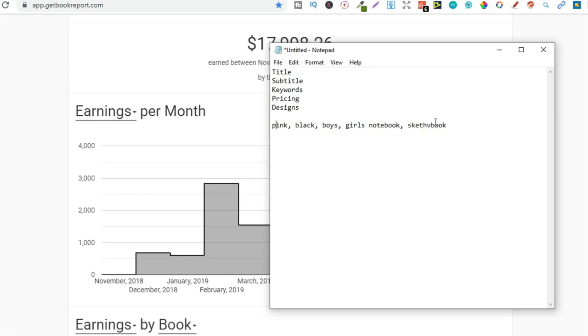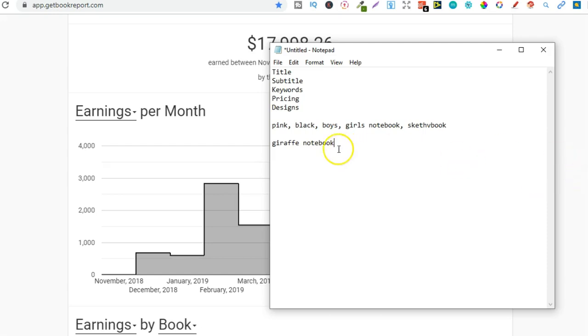See, the way that I make sales is I do my research, I see what people are actually searching for, and then I create my books around that. That way I'm solving someone's problem. So if someone's actually searching for a giraffe notebook, then I'm going to create that giraffe notebook.